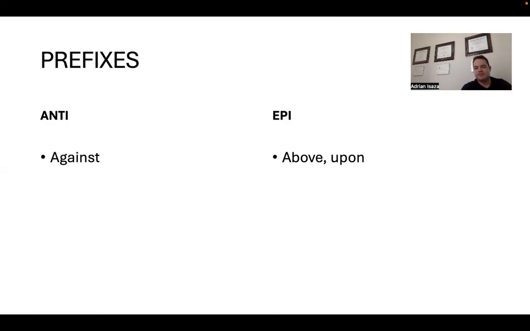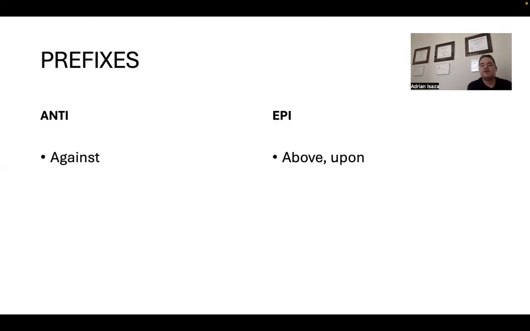The root, which with a vowel would be a combining form, and the end of the word, which is the suffix. The part of the word that precedes or is placed before the root or combining form is the prefix. Pre, right, is actually a prefix itself. So pre means before.